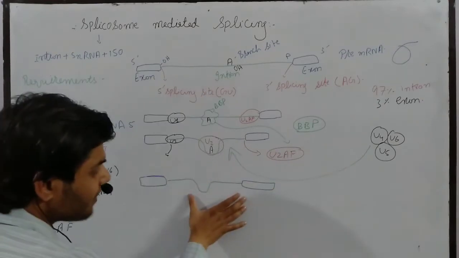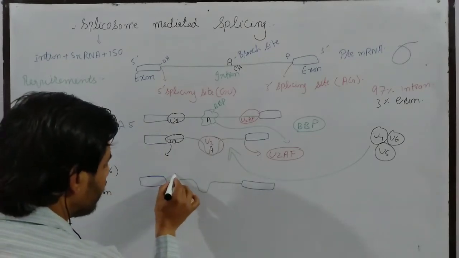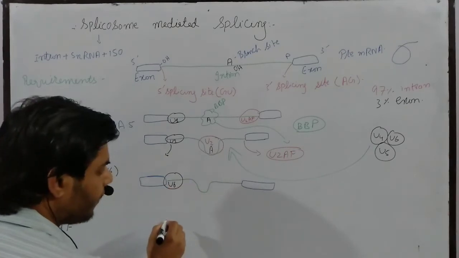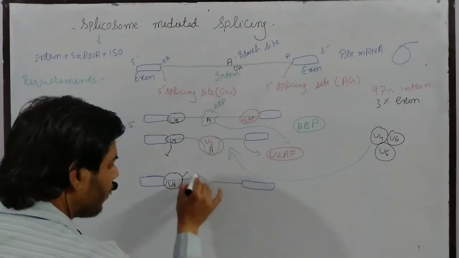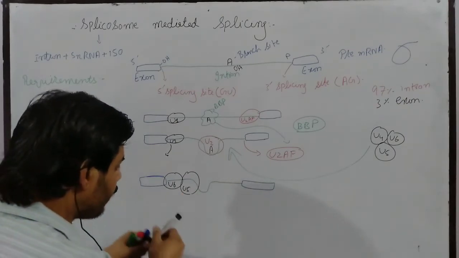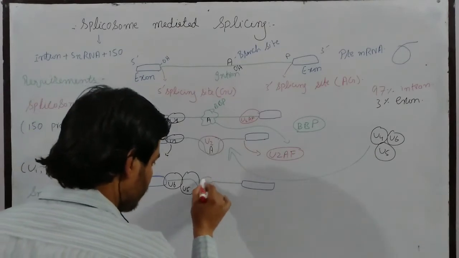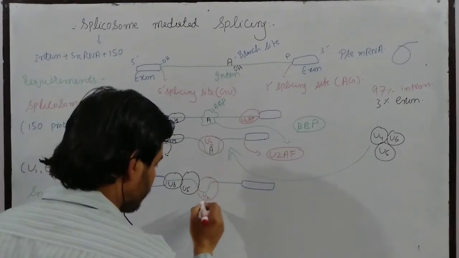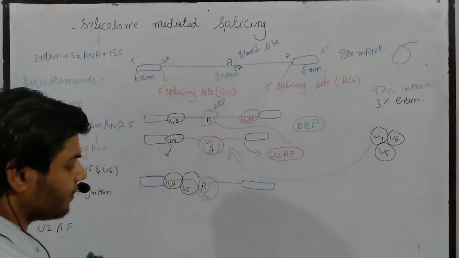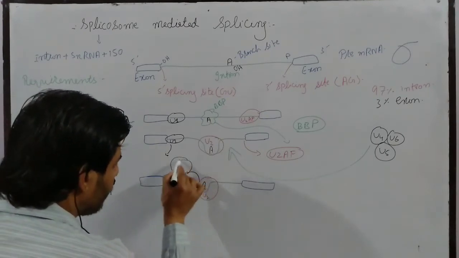Okay, so this is the structure. In this case U1 is already released, so the U1 area is occupied by U6. U6 is bound here, and with this U6, U5 is already bound, as you can see. And here U2 is already present, as you can see. So this is U2, and this is the adenine nucleotide present. With this we also have another complex, U4.